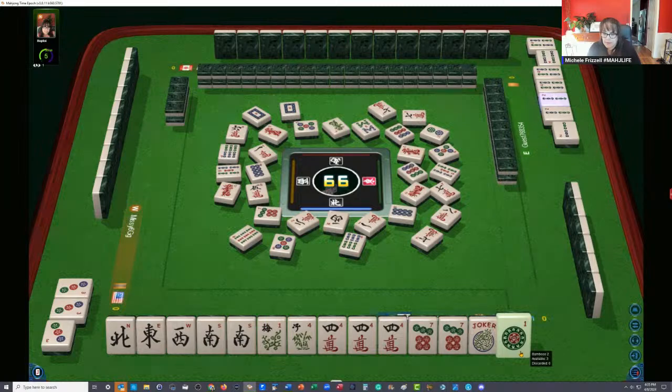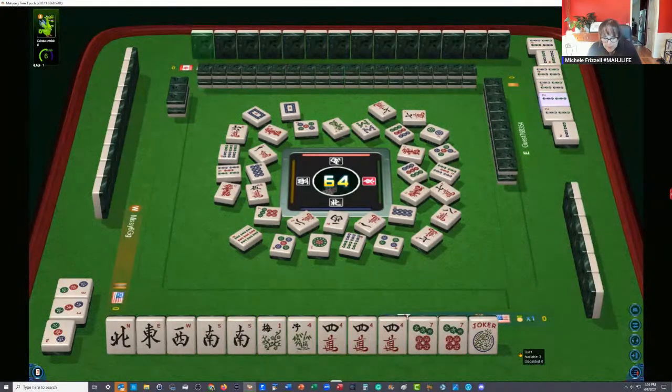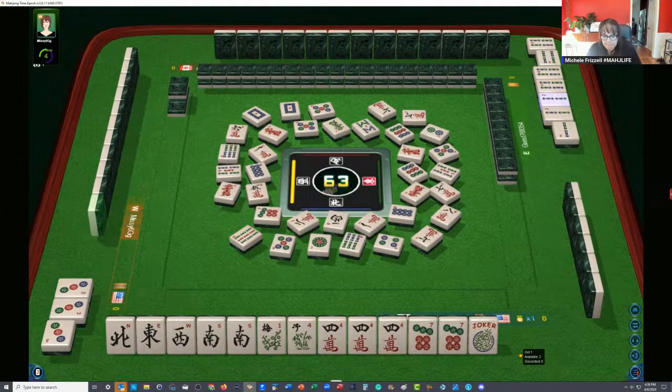9 bamboos. A 1 dot. No. 1 dot. 2 bam pung with a 4 bam kong. 4 dots. 2 bam pung with a 4 bam kong. 5 dots. 4 dots.